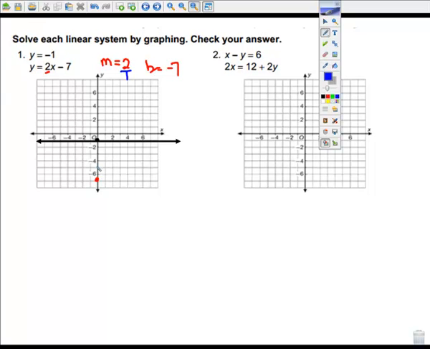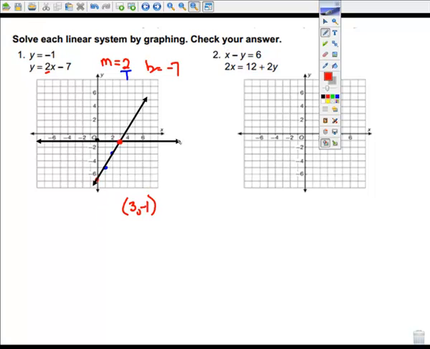So I'm going to rise up 2, and then I'm going to run 1 to the right, because that's going to make a positive slope. So I'll do it a couple times. Rise 2, run 1. Now I'm going to go ahead and draw the line, and I'm going to see where they intersect. And they intersect right here at this point.